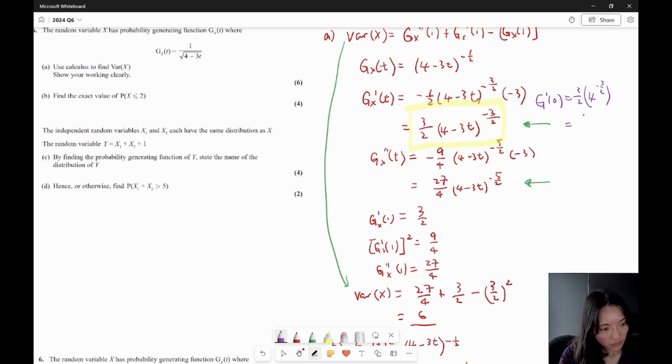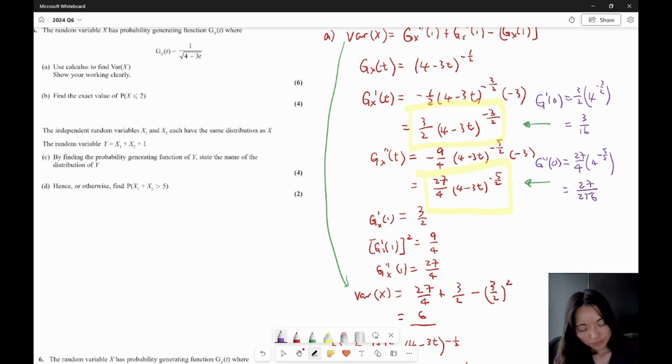Which equals 3 over 16. We're going to look at this expression to work out G double prime evaluated at 0. So G double prime evaluated at 0 equals 27 over 4 times 4 to the power of 5 over 2 minus 5 over 2, and I get 27 over 256.